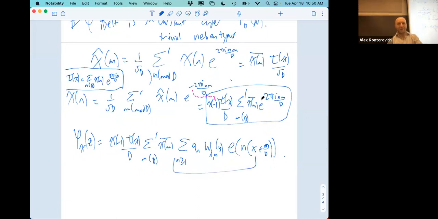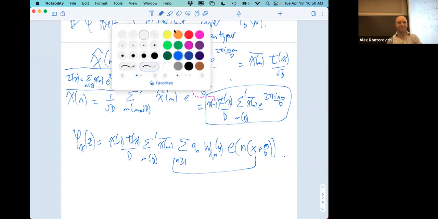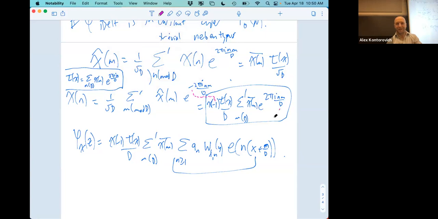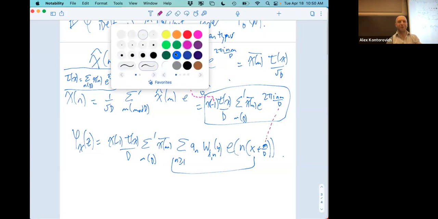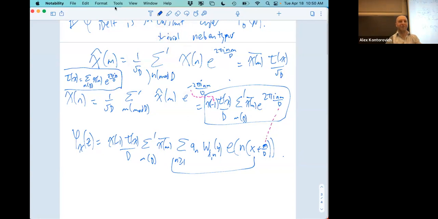And the twisting by chi turned into a twisting by the additive character. And the additive character only comes in here with an e to the 2 pi i n m over d. I kind of like this. Maybe more books should show you what went where as you're looking for it.